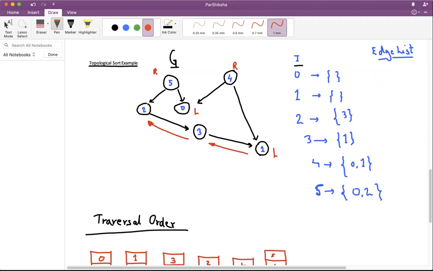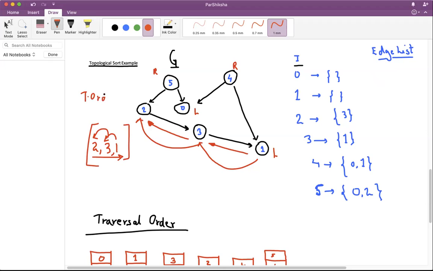If you start from 1, and you can figure out that 3 lies above 1 and 2 lies above 3, and you're able to print it in a way which is 2 before 3 before 1, right? So you start with 1, but you go back to 3 because 3 is a parent of 1, and you go back to 2, which is a parent of 3, and then you print in this particular order, right? This order will always preserve the topological ordering.